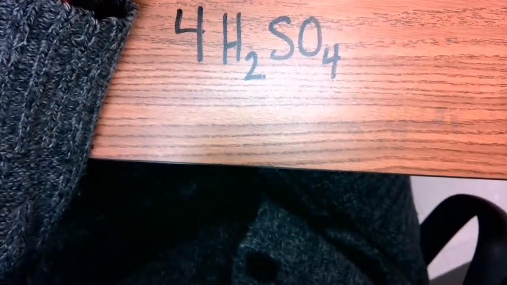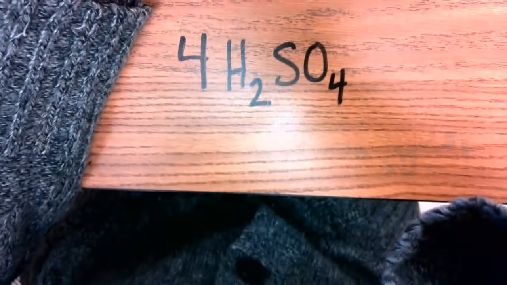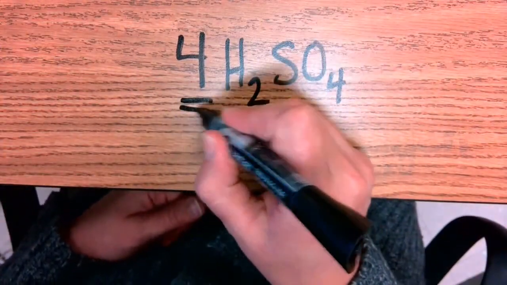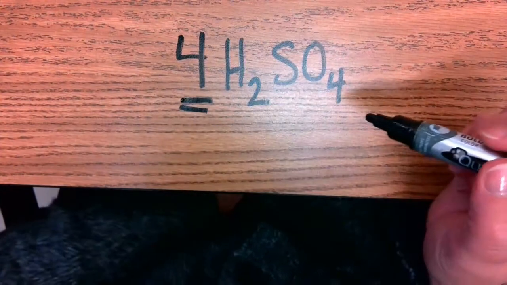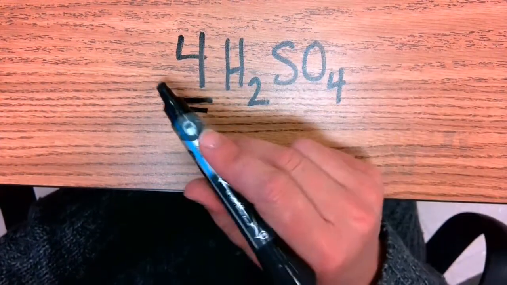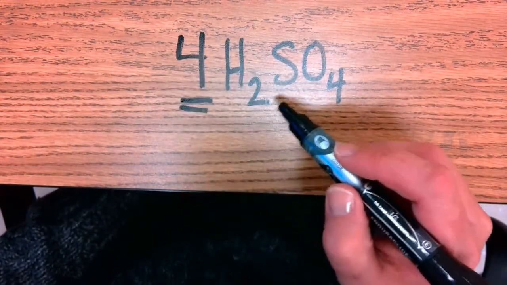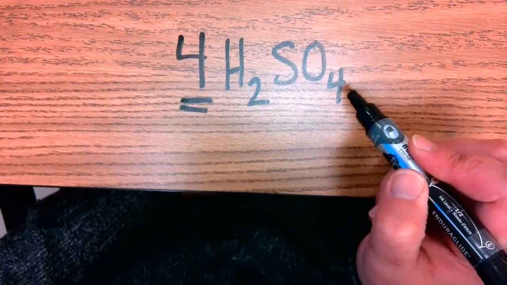Alright, last example. In this particular example, I have a coefficient. That means I'm going to be looking at how many atoms total in 4 molecules of H2SO4.